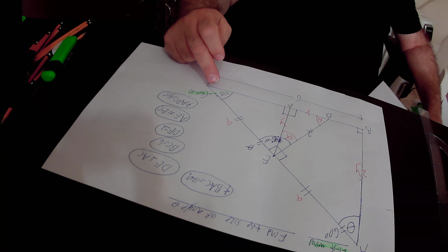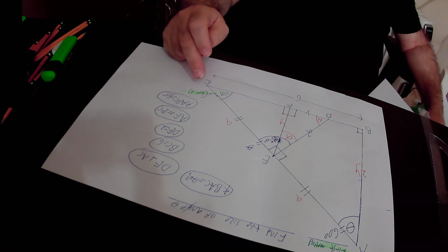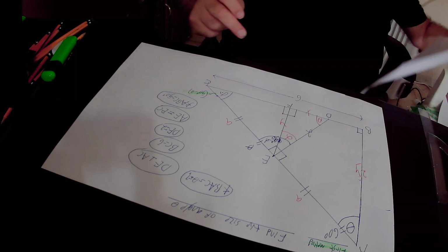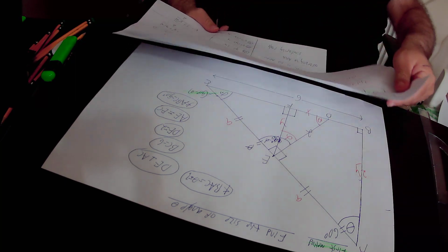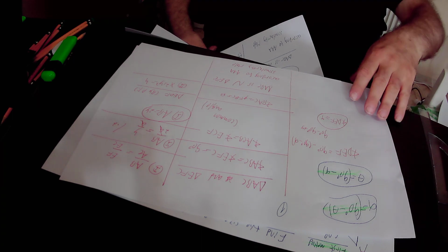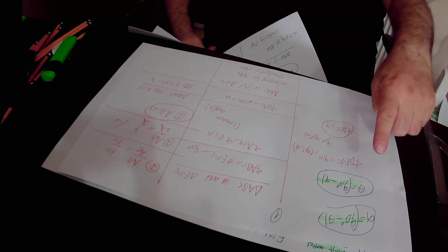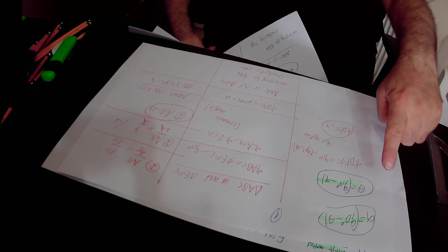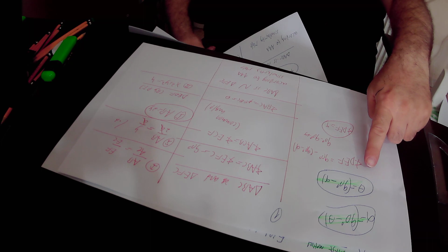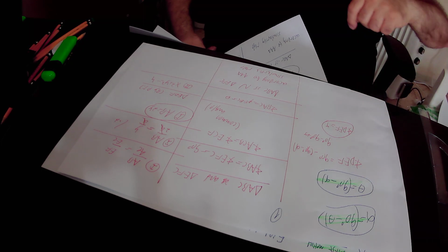From that fact, we conclude that alpha equals 90 degrees minus theta. If we add theta to this equation and subtract alpha, then we get that theta equals 90 degrees minus alpha.